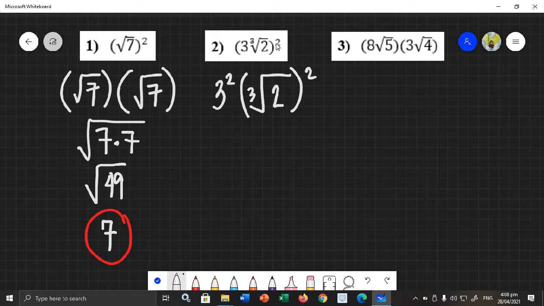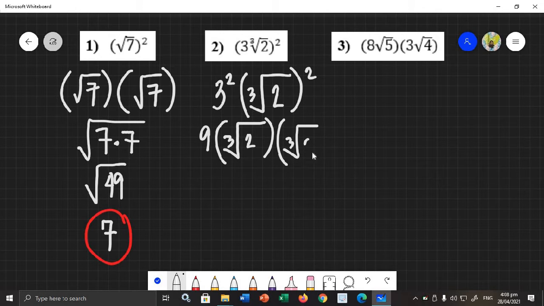Simplifying this, 3 raised to the second power is equal to 9, and we can expand the other one as cube root of 2 times cube root of 2.